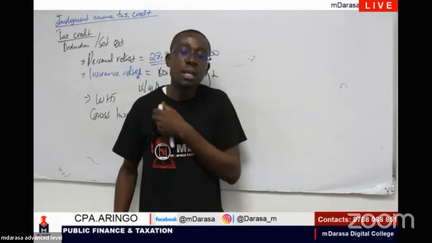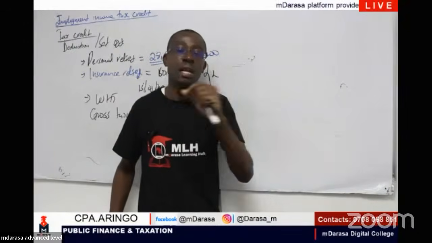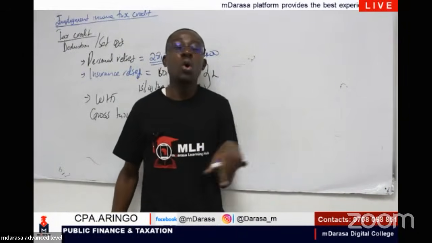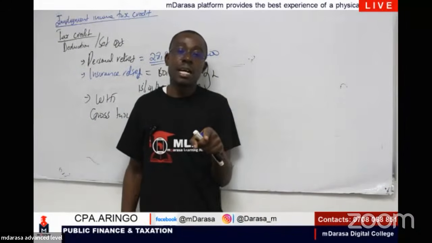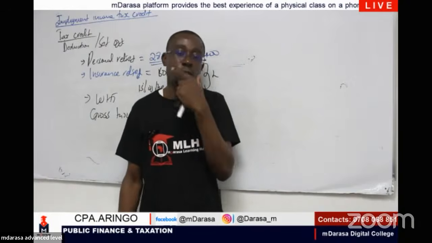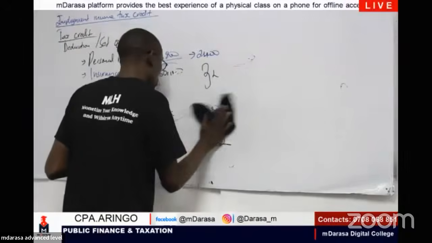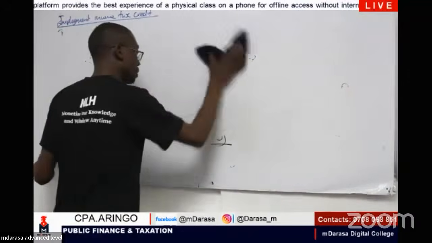Anything that we'll be looking at must fall around the nodes that we have now. It's just a matter of you knowing that these are allowable deductions, these are benefits. So by now, we are done with employment income.